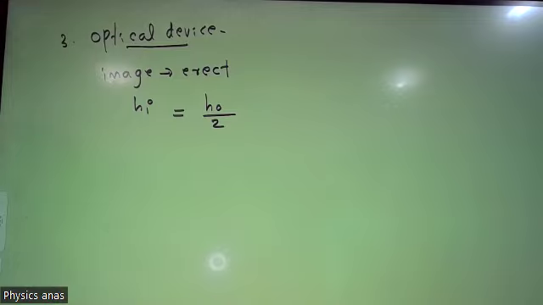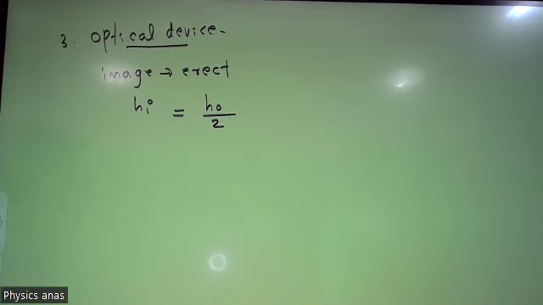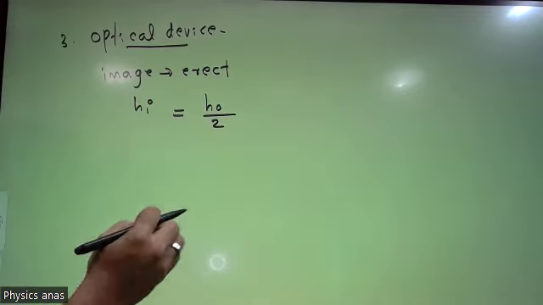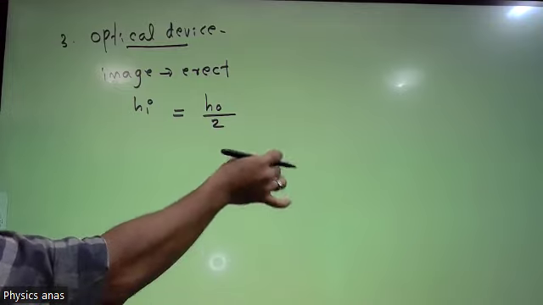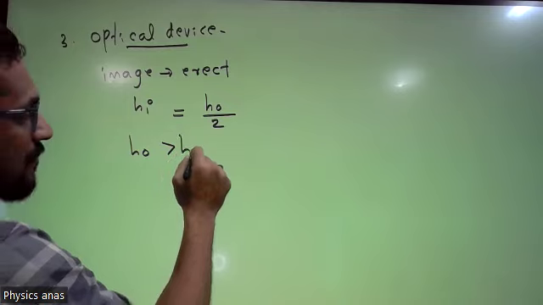HO is the bigger value, because to get HI you have to divide HO by 2. That means only half of HO is HI. So the height of the object is bigger than the height of the image.